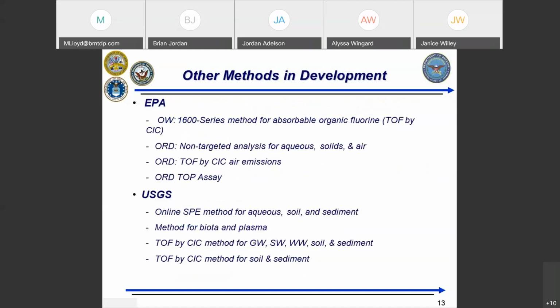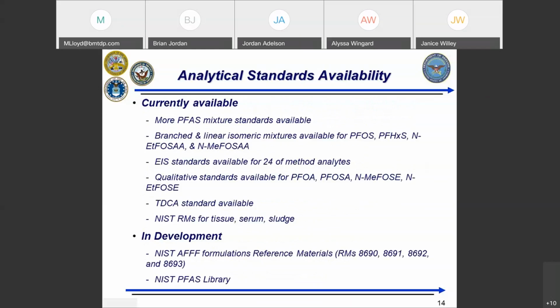The DoD is definitely not alone on the PFAS method development front. The EPA has a number of methods currently or soon to be in development, and so does USGS. Here are just a few. And lastly, I wanted to update everyone on the status of some of the materials needed for current and future methods.